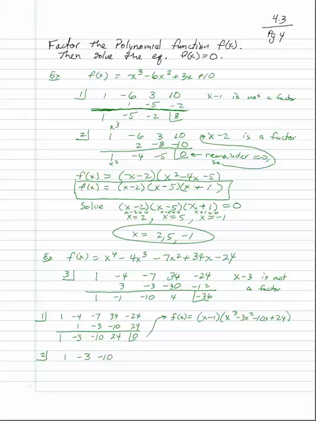That's our third degree polynomial, so we're going to factor that one. So again, we're just blindly guessing. 1 times 2 is 2. 2 times negative 1 is negative 2. Negative 10 plus negative 2 is negative 12. And that's negative 24, and then that one works.